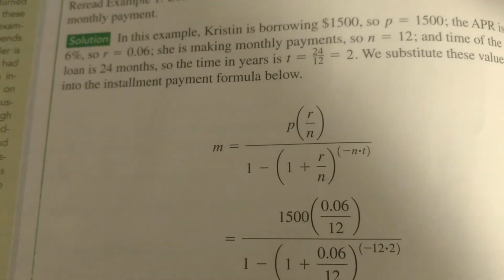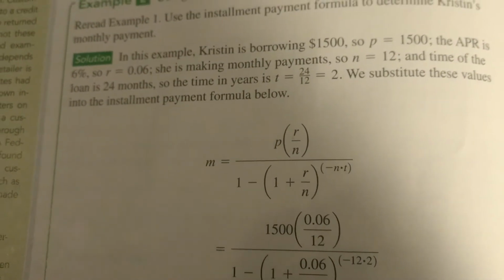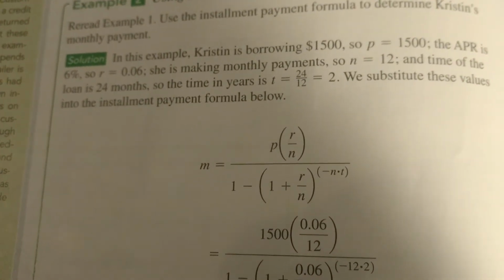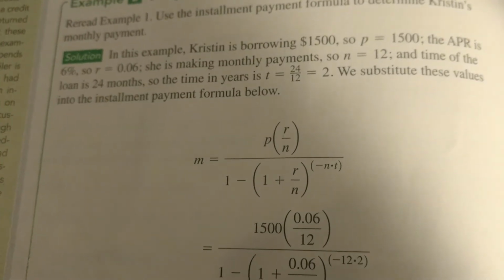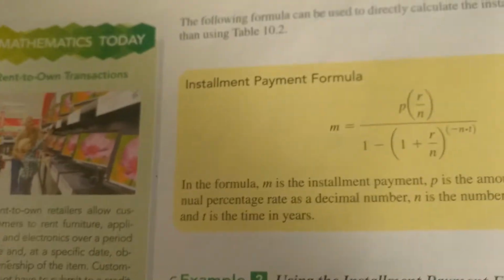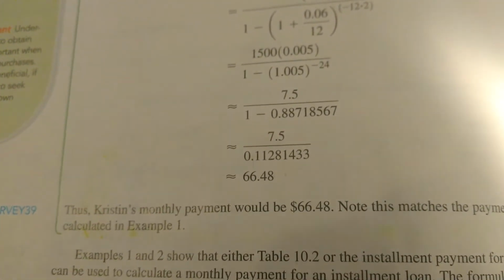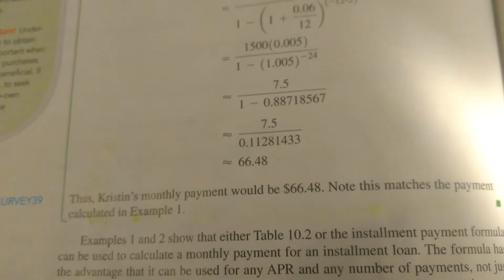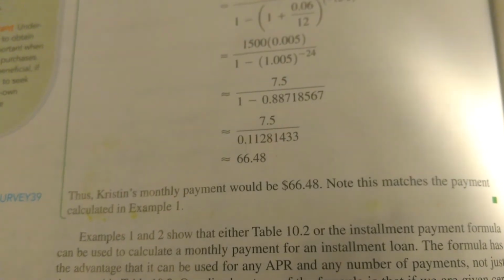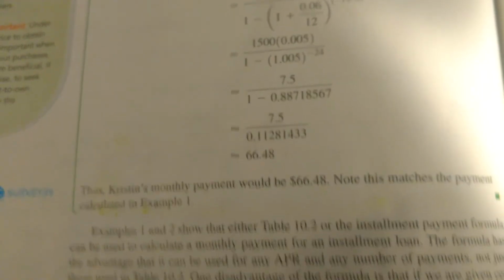So if we divide 24 by 12, we find out that we're in 2 years. So we substitute all those numbers into the formula, and incidentally, there's the formula there. Then we do the math, we find out we get $66.48, which is exactly the same number that we got previously when we used the chart.